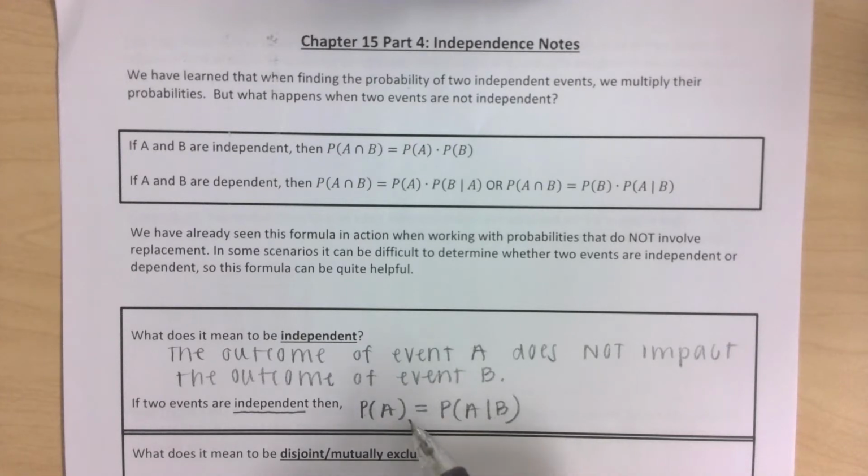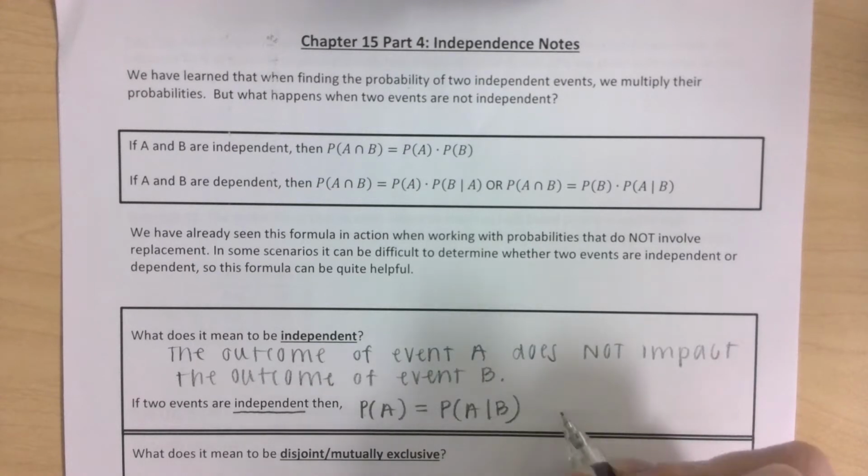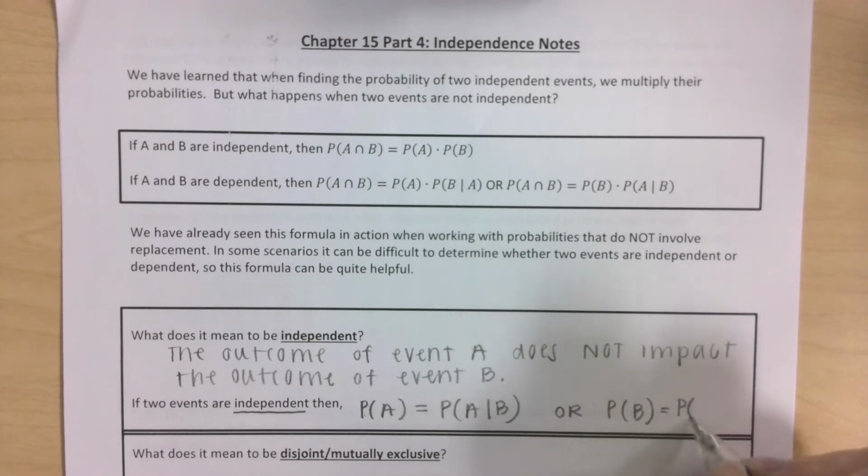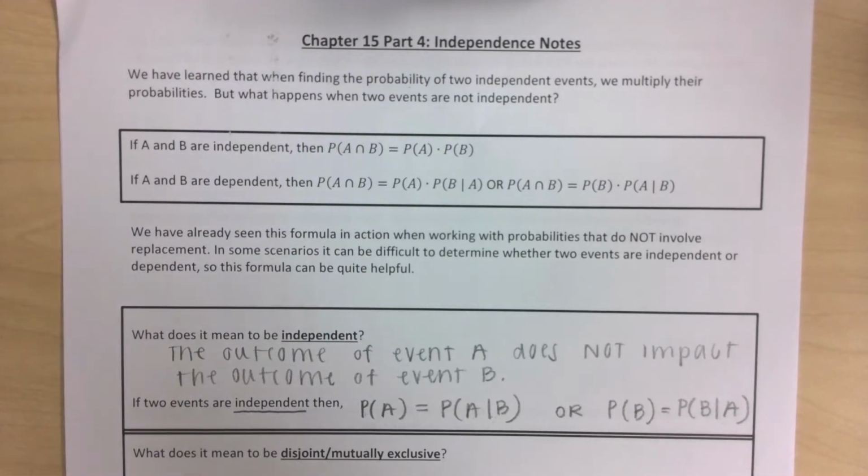The probability of A will be the same as the probability of A given B. You could also switch this, so we might write it as the probability of B is equal to the probability of B given A. Again, A and B are not impacting each other, so the fact that A has already occurred and it's our condition doesn't matter. It's still equal to the probability of B.